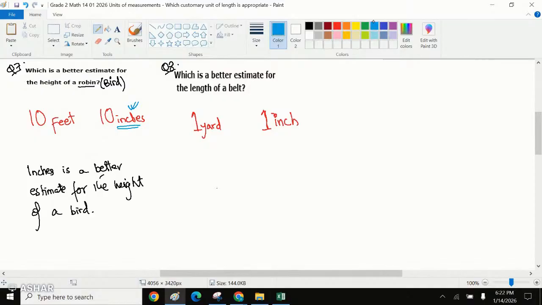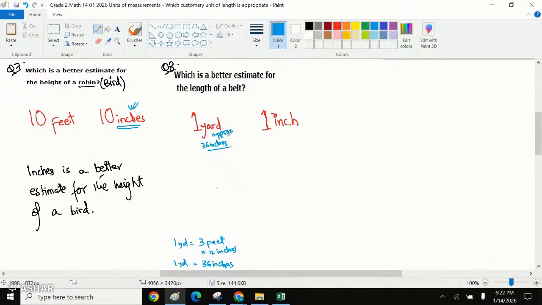In this case, we know that 1 yard was how many? Approximately 3 feet, right? And each feet was 12 inches. So can we say that 1 yard would approximately be 36 inches, right? Have you seen a person having a waist of 1 inch? That's not possible, right? So 1 yard came out to be 36 inches, right? Approx.